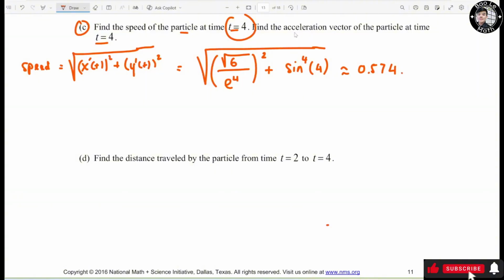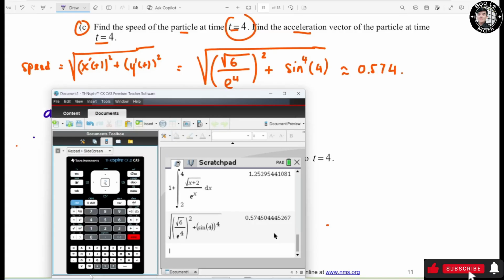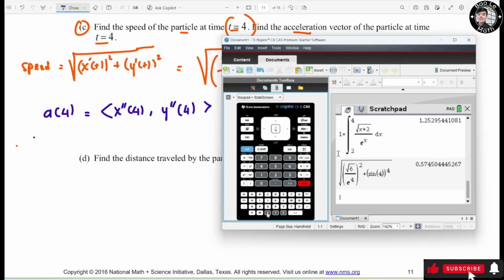Now find the acceleration vector of the particle at time t equals 4. We have a of 4 equals s double prime of 4, comma y double prime of 4. Probably we're gonna store the function at the beginning, right? But now it's not too late. So I name the function s prime of t as m of t.